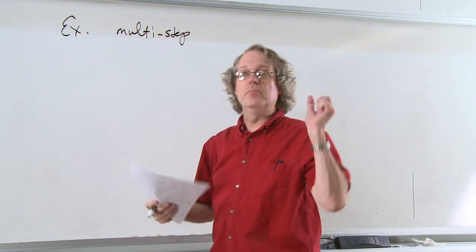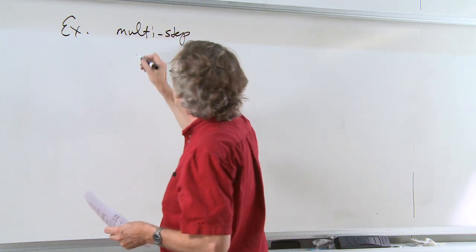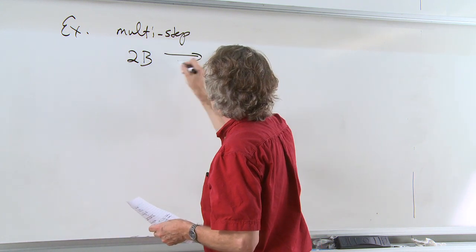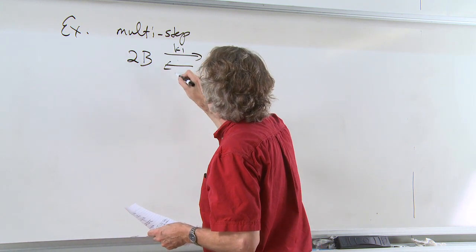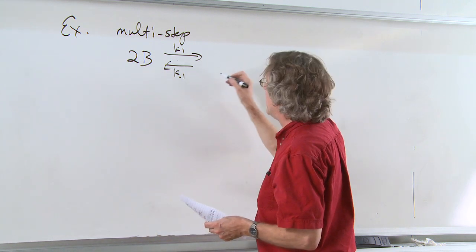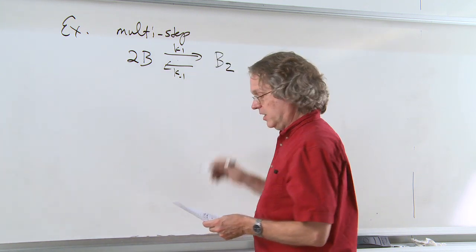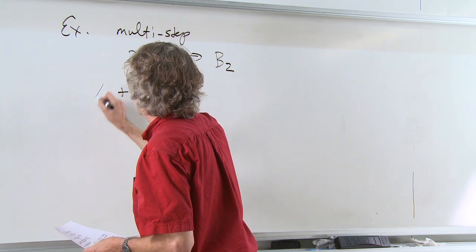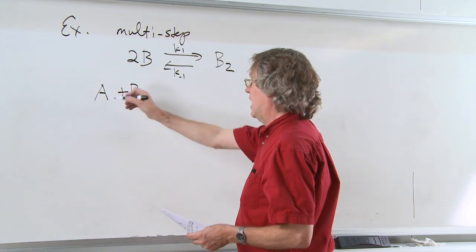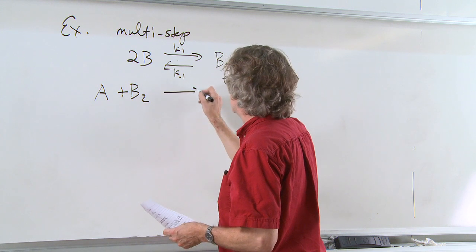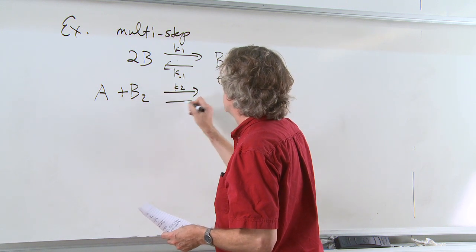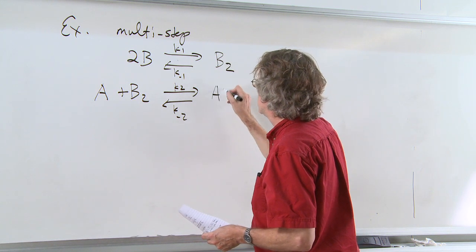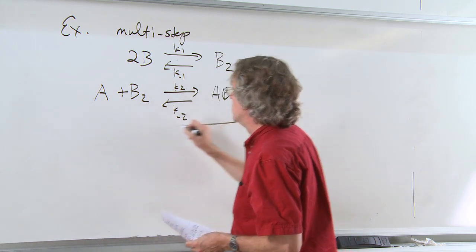And I'm going to create my own little alphabet soup reaction here where we have two atoms of B, whatever B is, that come together with a forward and reverse rate constant to form an intermediate, B2. B2 then reacts after colliding with molecule or atom A in a second step that has a forward and reverse rate constant, k2 and k to the minus 2, to make the product AB2.